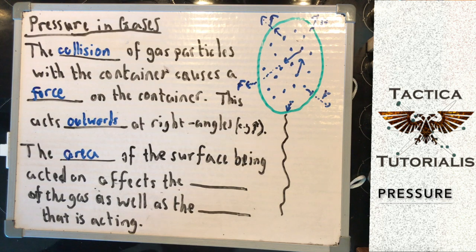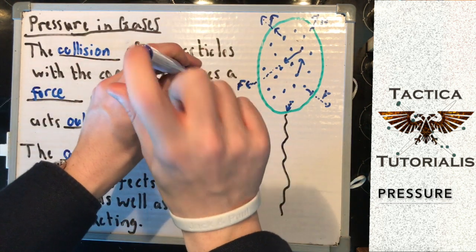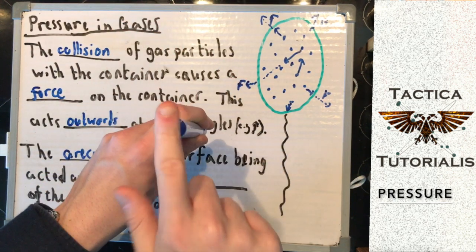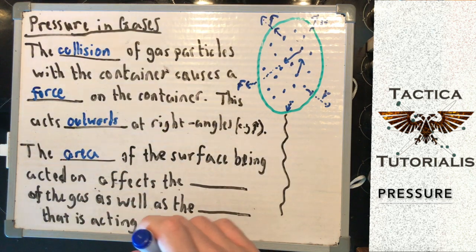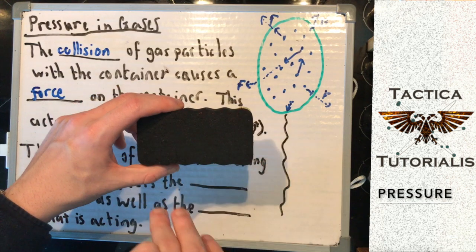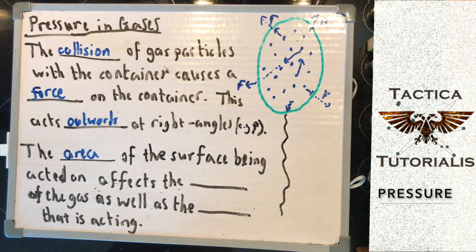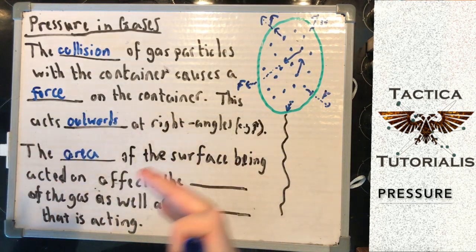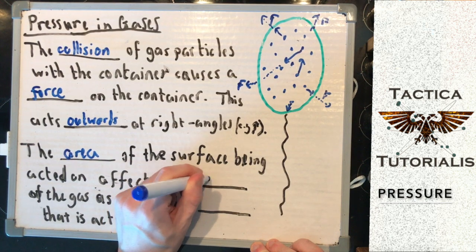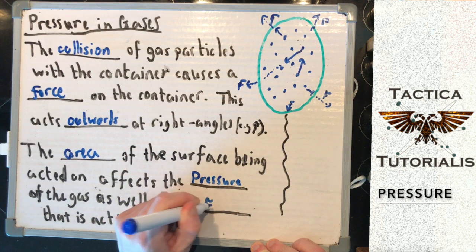So if I had a force of 30 newtons acting on the tip of here, that would be quite a lot, and it would hurt quite a lot. Whereas if I had 30 newtons acting all across here, that force is spread out a bit, so it's the same size, but it feels smaller. And what that is called, that sort of spreading out of forces and the difference between forces and area, is the pressure. And I will define this mathematically in a moment, as well as the force.